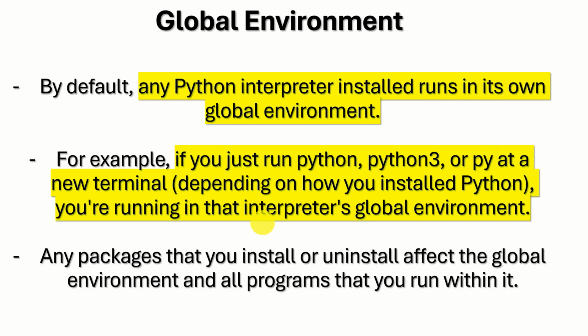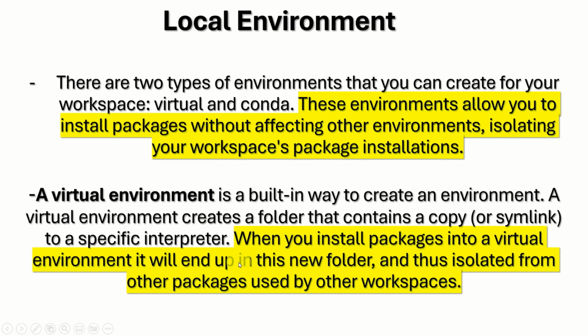And any package that you install or uninstall affects the global or base environment and all programs that you run within it. So if you started developing something in the global environment and you install a package, this package is available for all programs there. And there is actually only a single global environment.